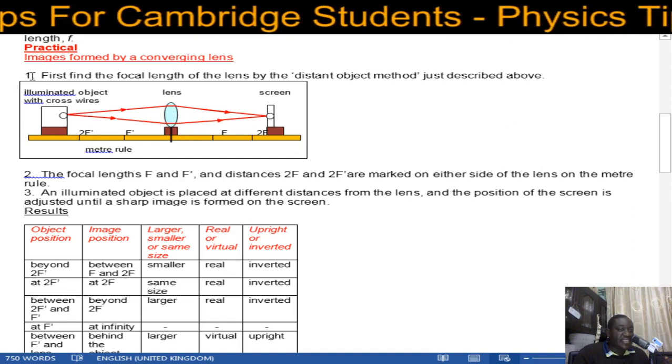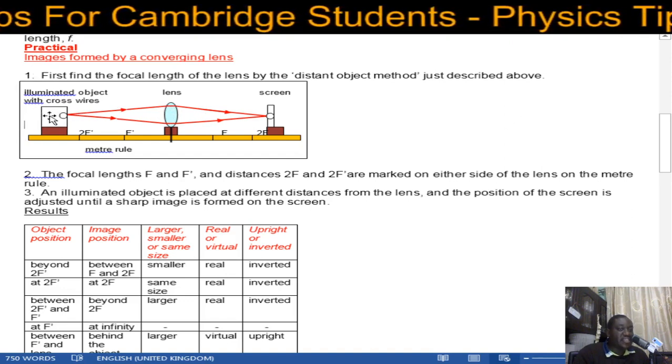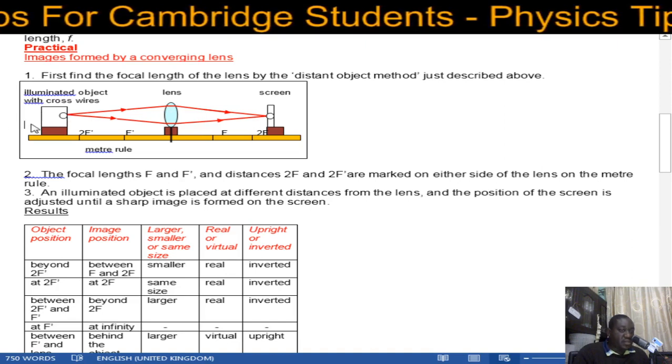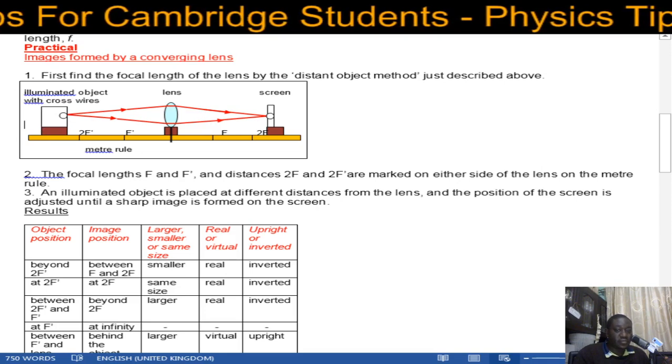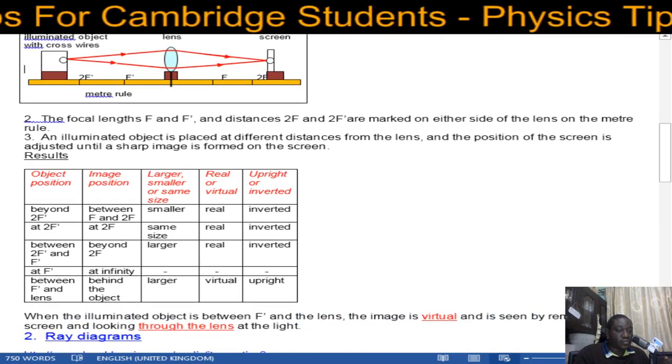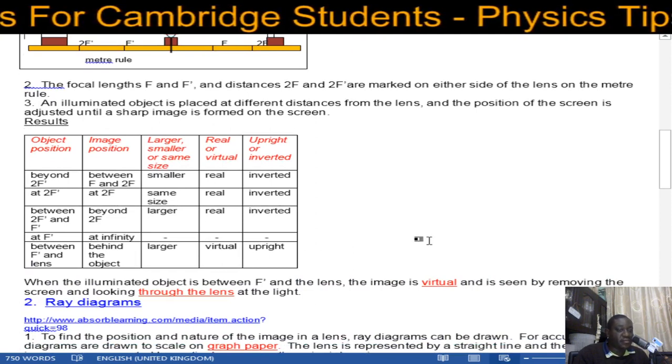And it is upright, it is virtual. In other words, no light rays actually reach the image. The image cannot be formed on a screen. So the image will be virtual and upright.